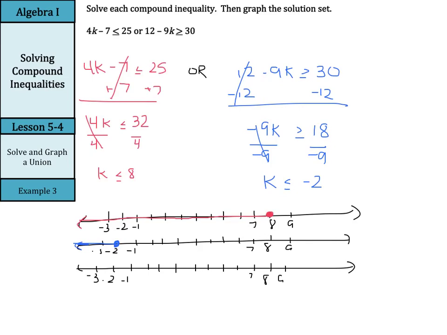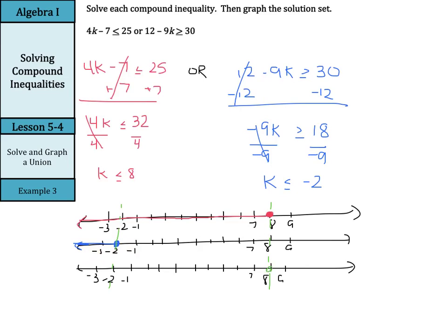And when we go to look for the union, we have our dotted line here, our dotted line there, and we're including both here. So both are going to the less than side. And in fact, the graph of k is less than or equal to 8 includes the k is less than or equal to negative 2.